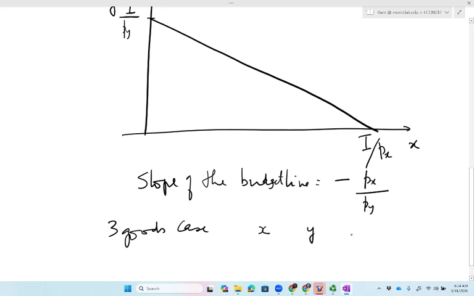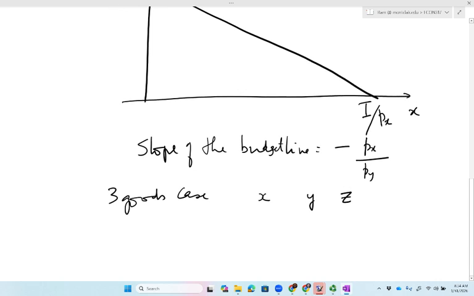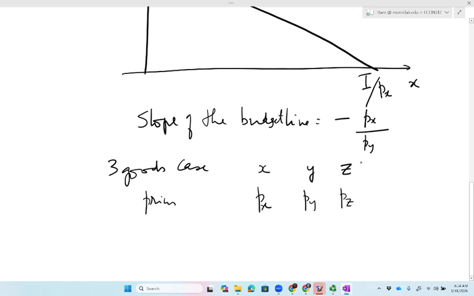Good Y, quantity as well as the name. Good G, quantity as well as the name. And the prices are P subscript X, P subscript Y, P subscript G. No change in notation for income. So I will keep writing income to be I.